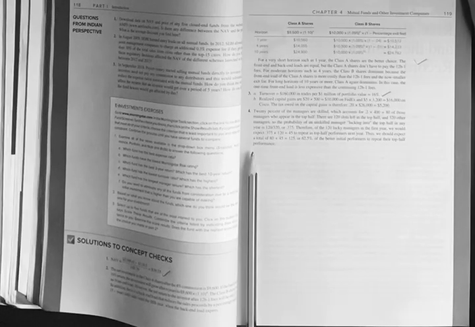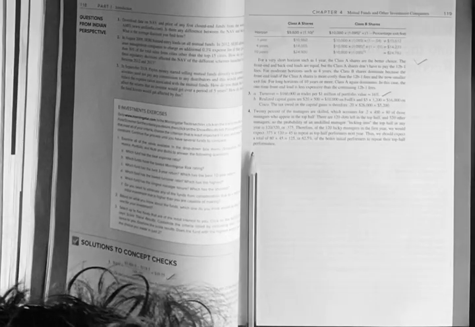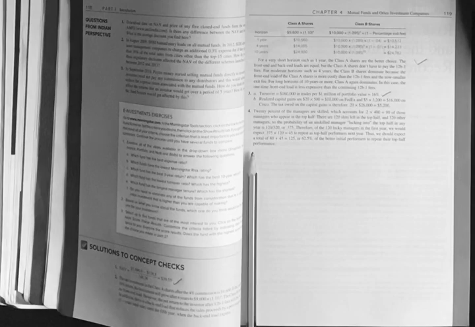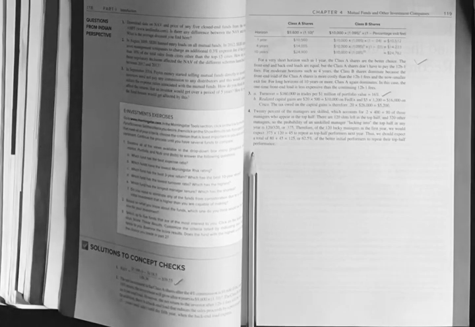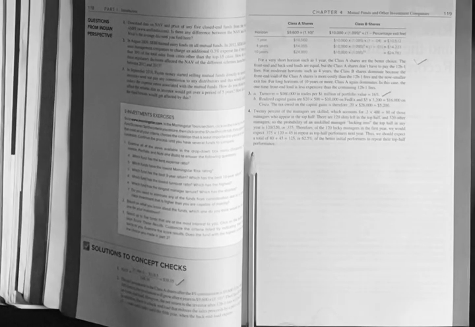Therefore, of the 120 very lucky managers in the first year, we would expect 0.375 of 120, 45. Well, I guess I got this one wrong.